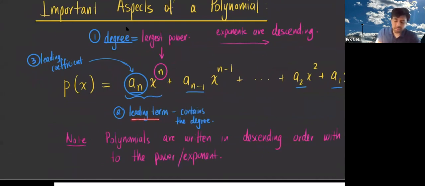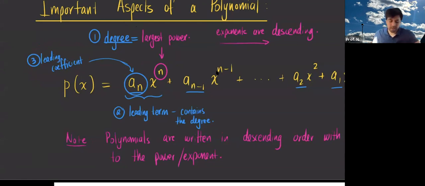The leading term is the entire term that contains the largest degree. The leading coefficient is just the number, like I think Gabriel said. It's the coefficient that's part of the leading term. So the leading term is the bigger part, and the leading coefficient is part of that. Okay, does that make sense?